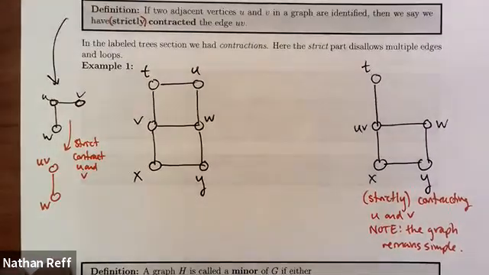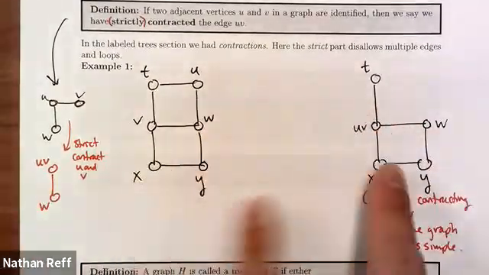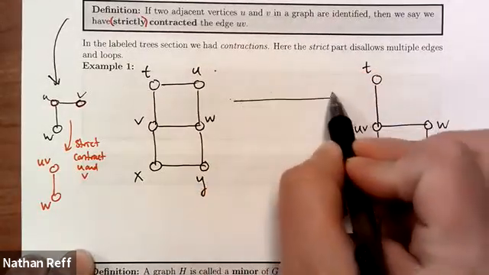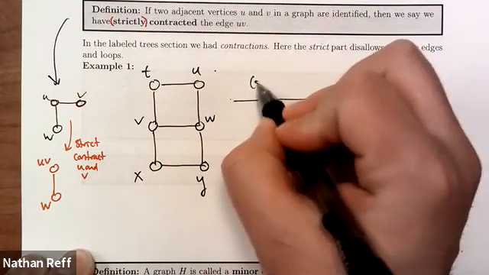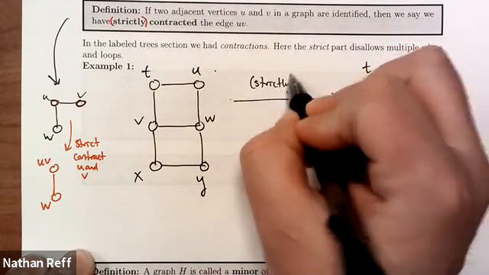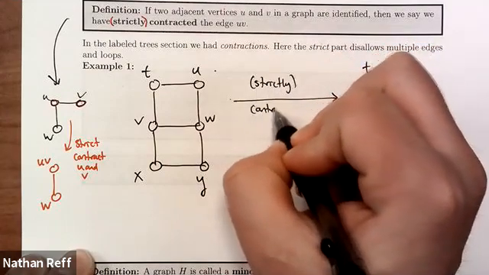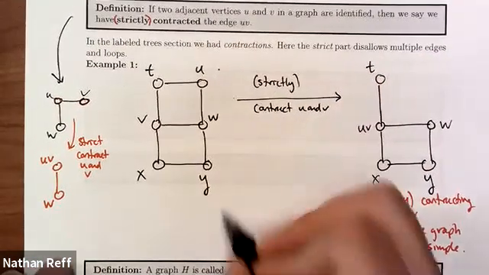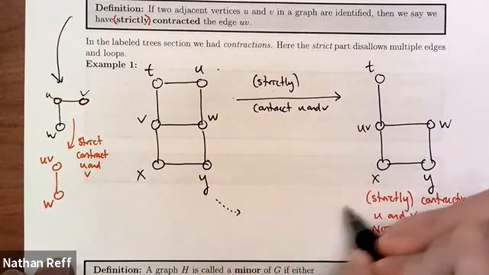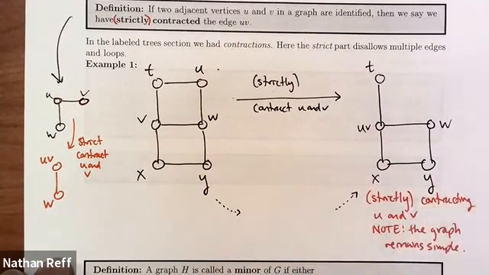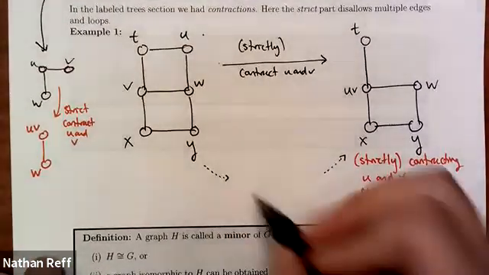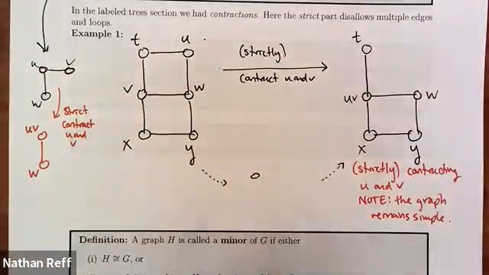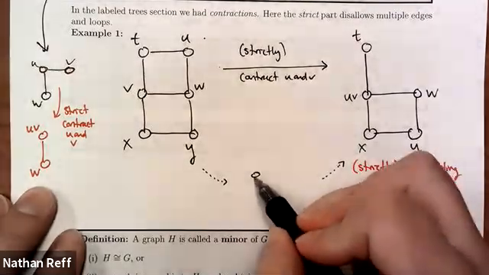If you want to think of there being an intermediate invisible step between these two, when we strictly contract U and V, what would the graph look like? Well, if I just identified those together without deleting any edges, it would look something like this.